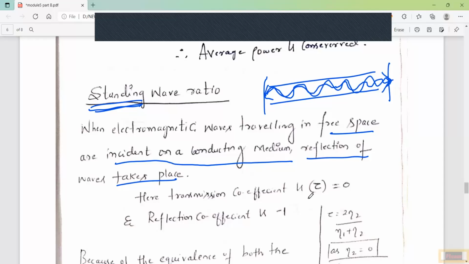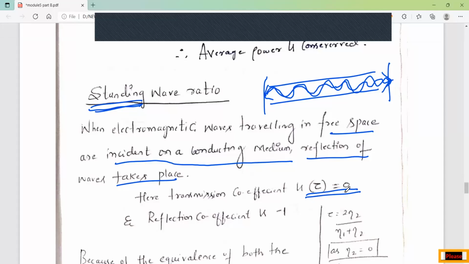So when it is coming from free space and entering the interface with a metal, the transmission coefficient will be zero. Why is the transmission coefficient zero? Because no part of the wave will be transmitted through the metallic surface.